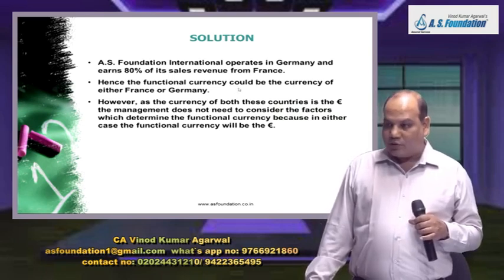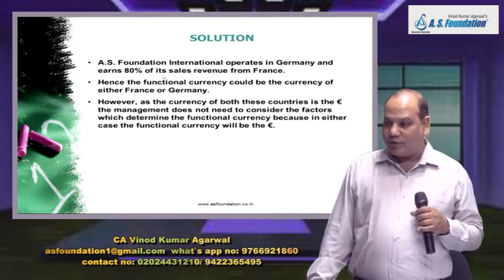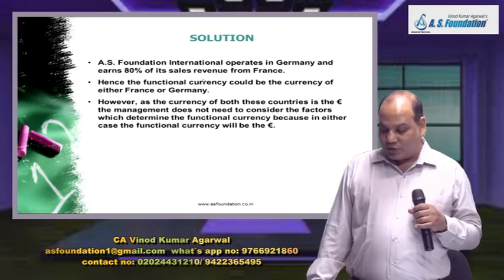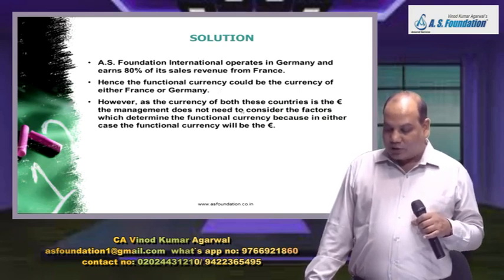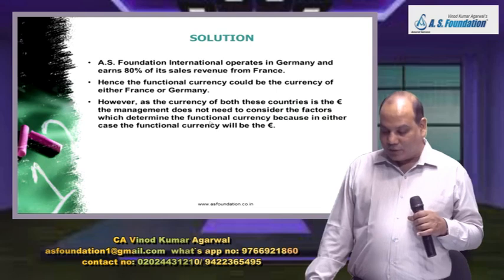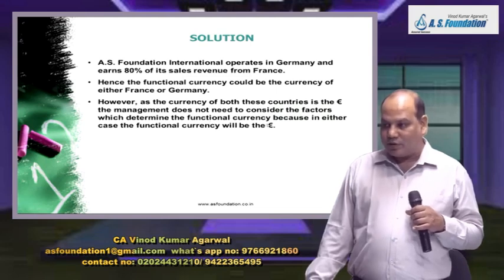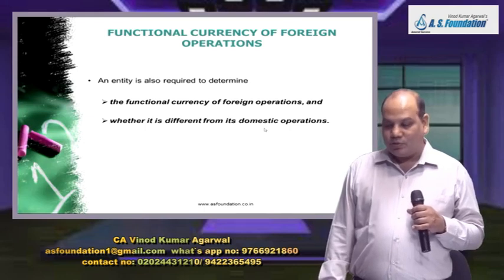So functional currency could be the currency of France or Germany, because both are quite significant. 80% revenue is a significant number. Hence, however, as the currency of both these countries is euro, management need not consider the factors while determining the functional currency, because in either case the functional currency would be euro.